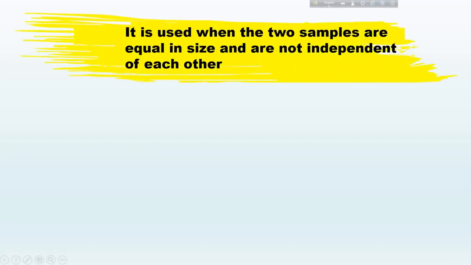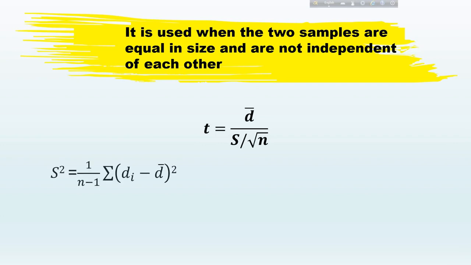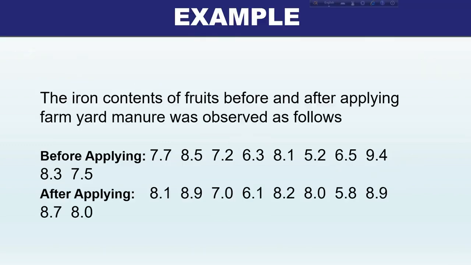If there is a before-after case, you can use the paired t-test. It is used when the two samples are equal in size and are not independent of each other. So here is the formula for the paired t-test, and these are the values of x square, d bar, and the degrees of freedom is n minus 1.